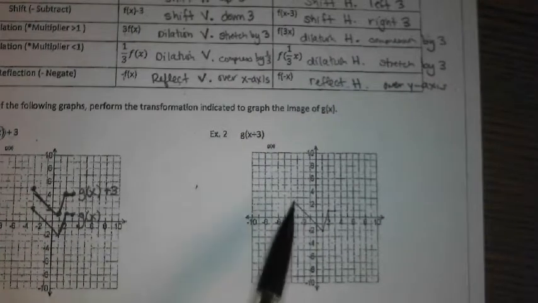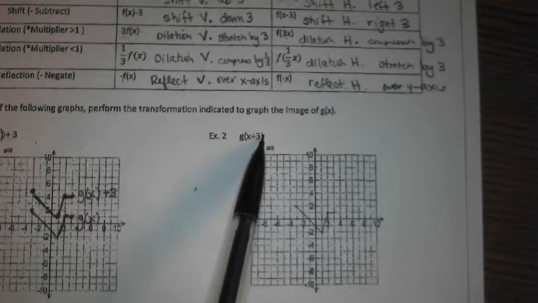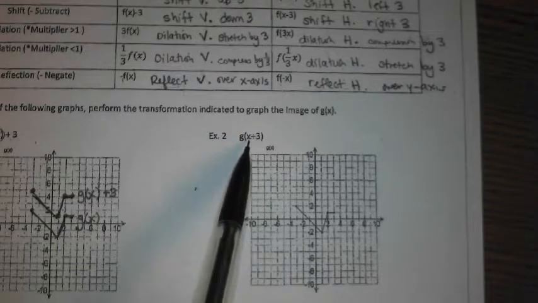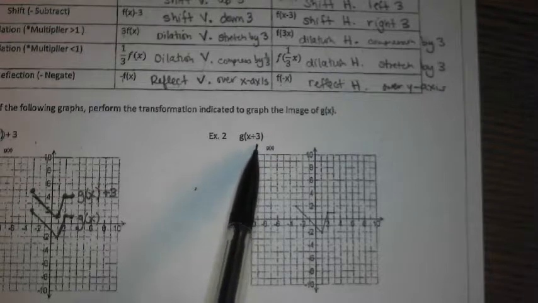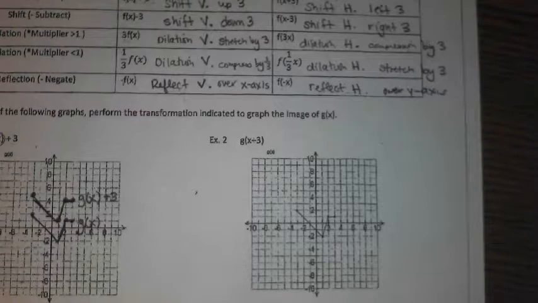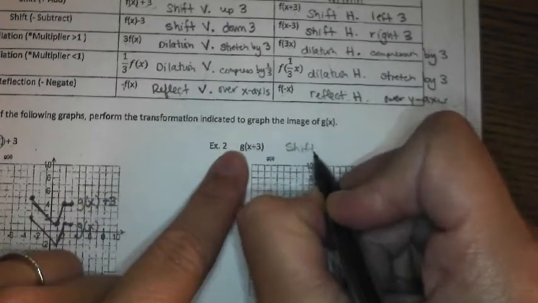It's not vertical. See how that plus 3 is happening inside the parentheses? And be more specific about which horizontal, is that a left or a right? Left 3 units, yes? It's a shift because of the plus.